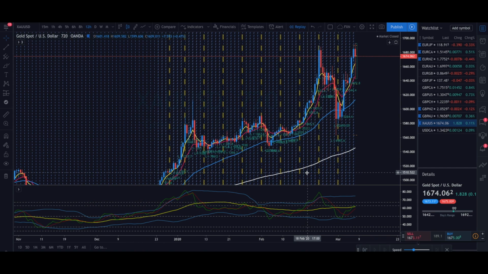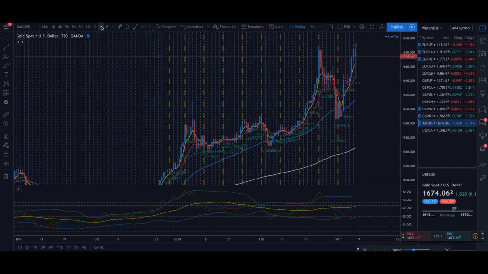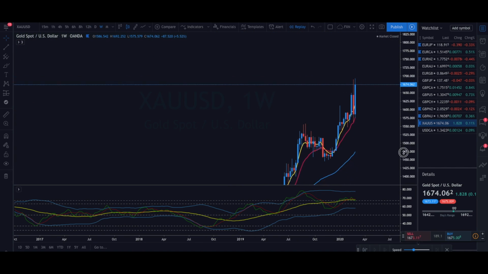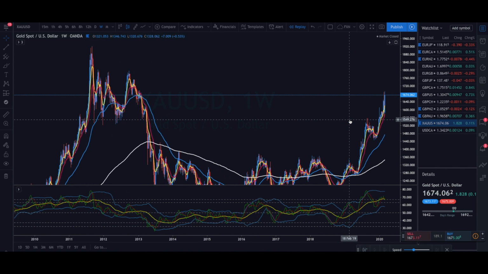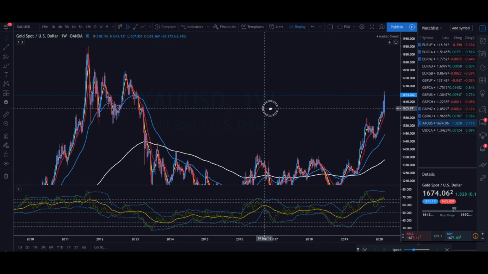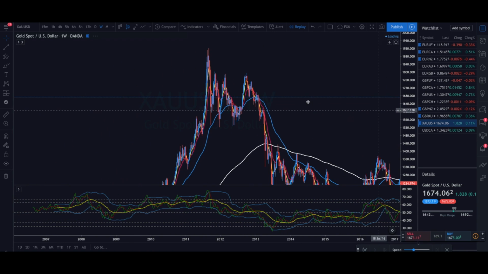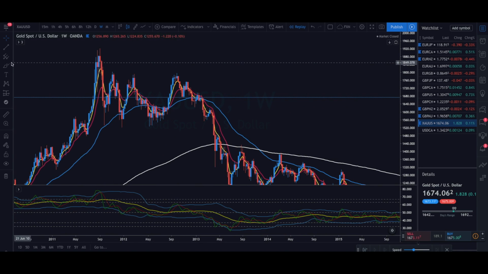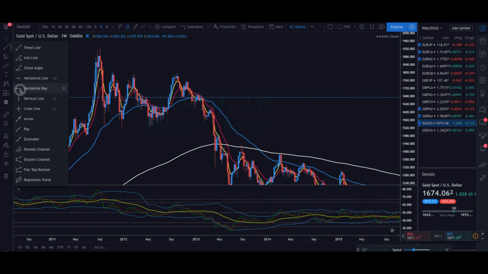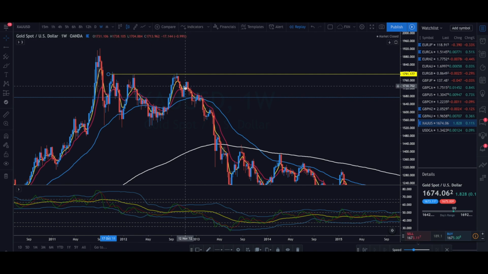Now, if that doesn't happen, you can pretty much see that the next potential stops for gold wouldn't be hit until we get into these areas. If we start looking at the weekly charts, we're looking at 1791 and 1892.